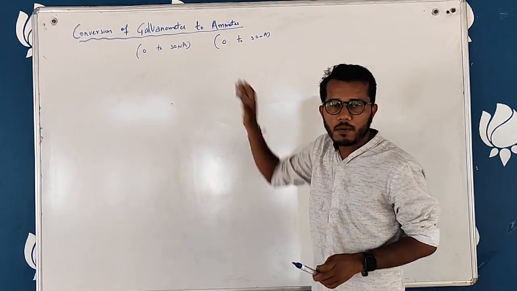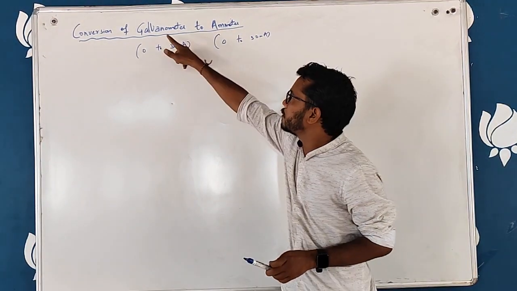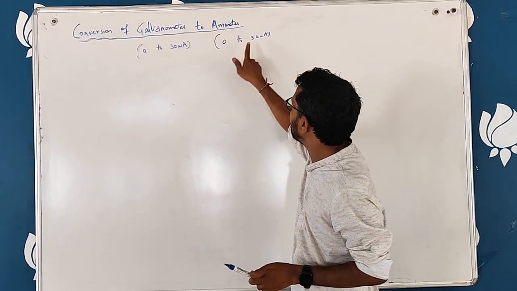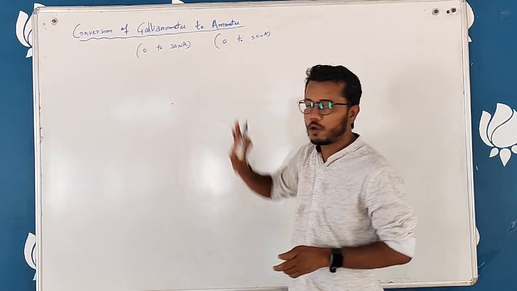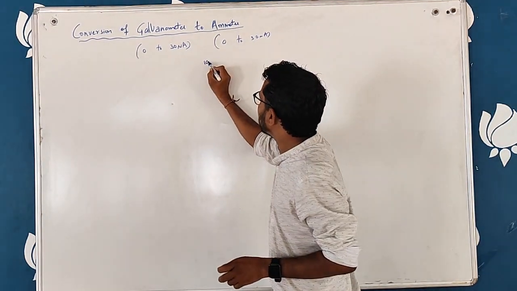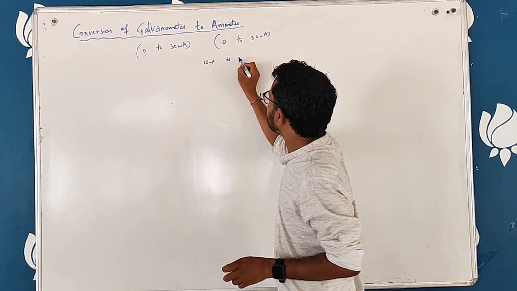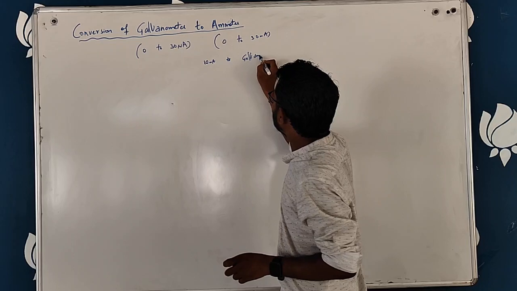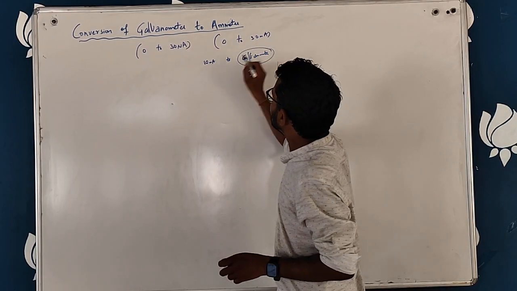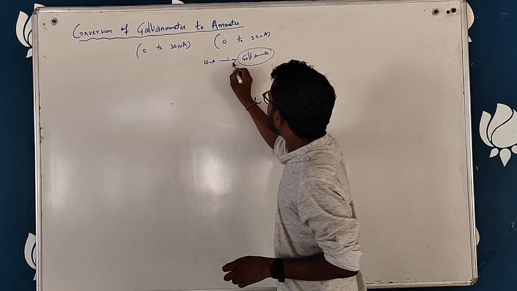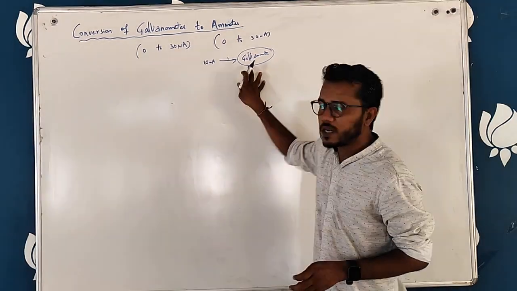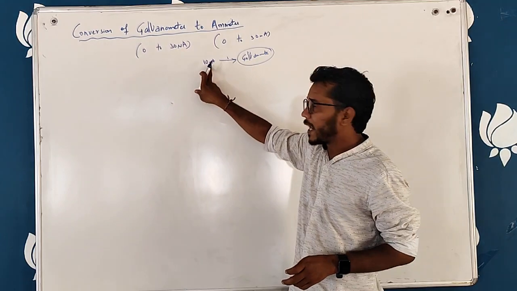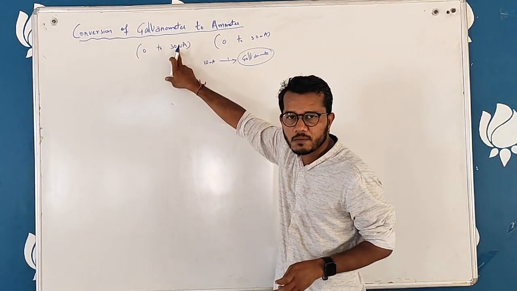But our main focus is to convert this galvanometer into an ammeter. If I supply 10 milliampere to this galvanometer, what will happen? The galvanometer's maximum range is 30 microampere, and 10 milliampere is greater than 30 microampere.